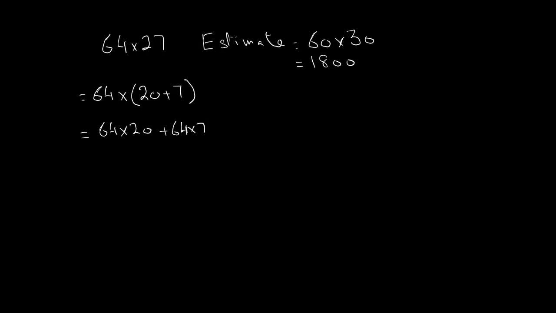When I multiply 64 by 20, I know how to do it. It's 1280. I know how to multiply 64 by 7. It turns out the answer is 448. And then when I sum them up, I get an 8. 8, 4s are 12, 2 carry 1, 4 into 6 and 1, 7. So I get an answer which is 1728.